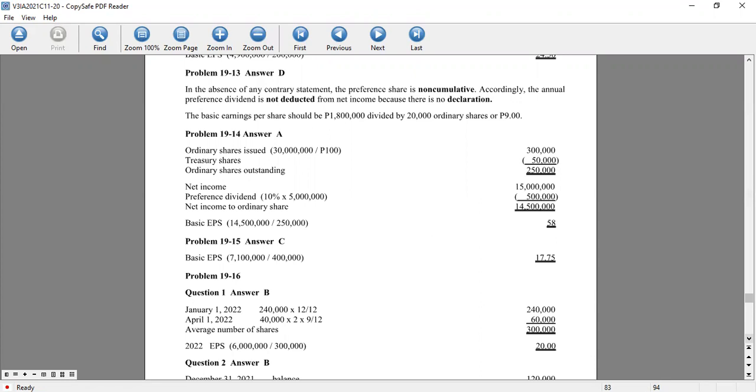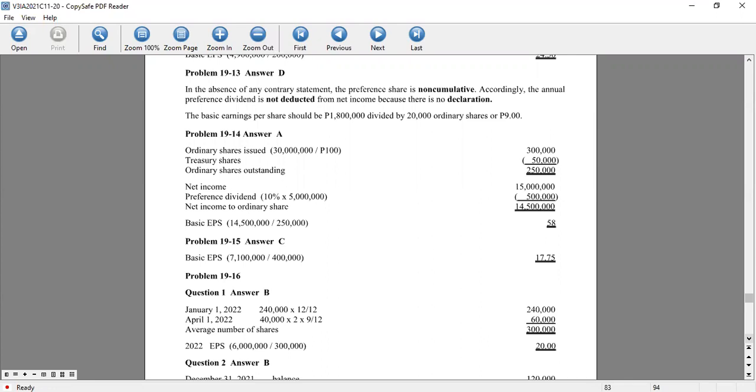So the company reported net income of 15 million for the current year. So net income for number 14 is 15 million. Deduct the preference dividend equal to 10% of 5 million.